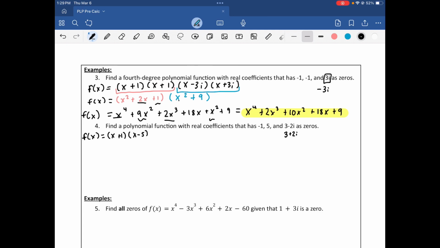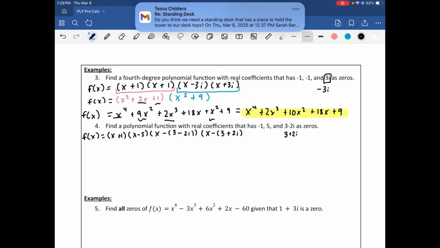Our next 0 we know is 3 minus 2i. So what that's going to look like is x minus, in parentheses, 3 minus 2i. And our next factor we know is x minus 3 plus 2i.